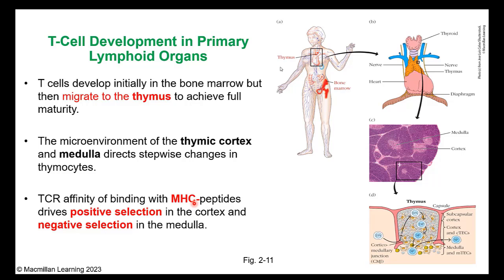Okay, so if they recognize it well, then they are selected, like for positive selection. Okay, if they don't recognize MHC, they go through negative selection. They are killed because they're useless. Okay, recognize just the right way, they're positive selected. Don't recognize it, they get killed. And there is more to that, but this is a simplified version of how they get selected at first. Okay.